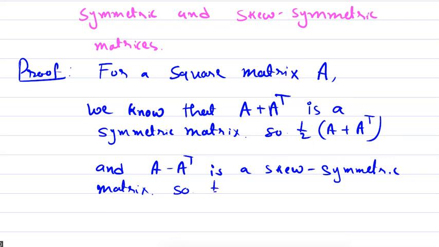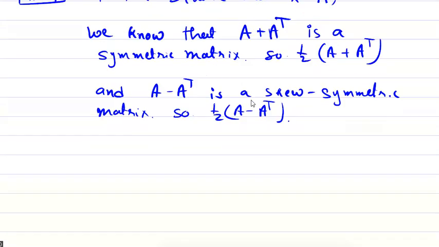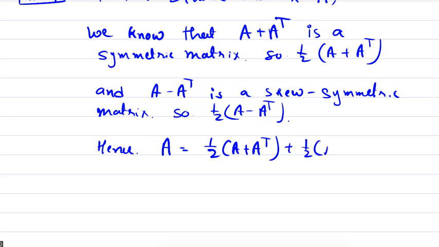So what do I conclude from this? Hence, A can be written as half of A plus A transpose plus half of A minus A transpose. So that says I can write A as a sum of a symmetric matrix and a skew-symmetric matrix.